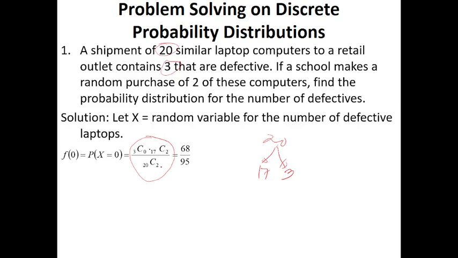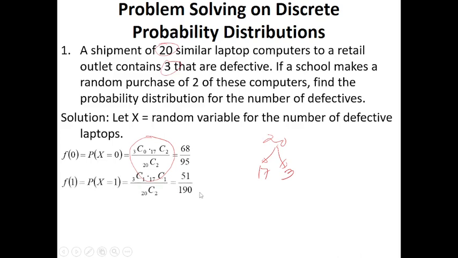Okay, so which is equals to 68 over 95. Okay, so this is a topic on probability rules. Okay, so just watch the video related to this topic, no, to better understand it. Okay, so we now move on.